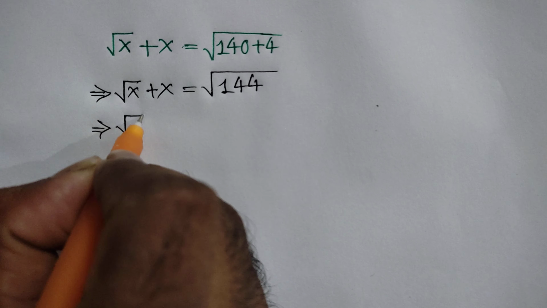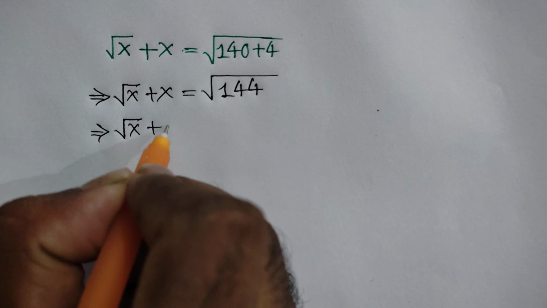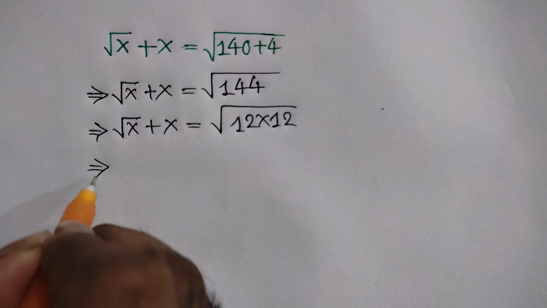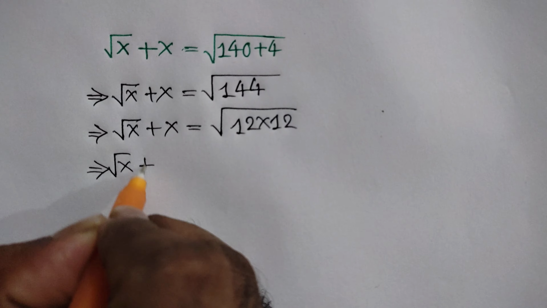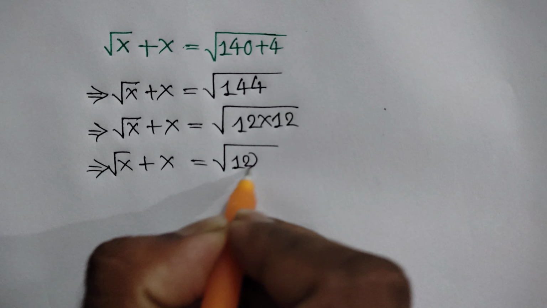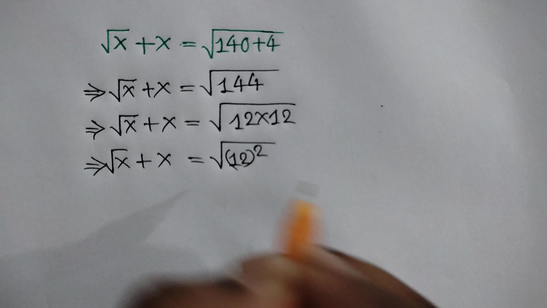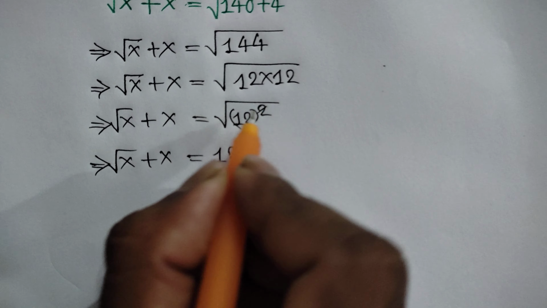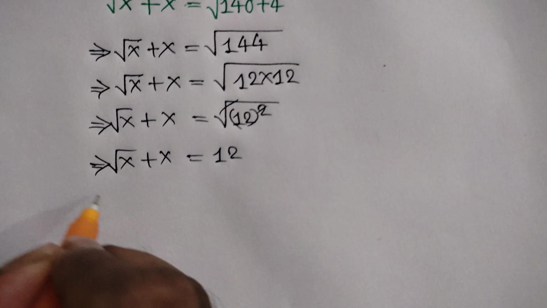Or square root of x plus x is equal to square root of 144, which can be written as 12 times 12, or square root of 12 squared. Here we will get 12 because the square cancels out the square root.